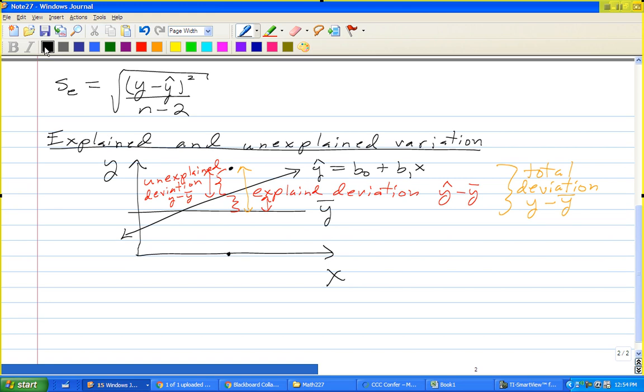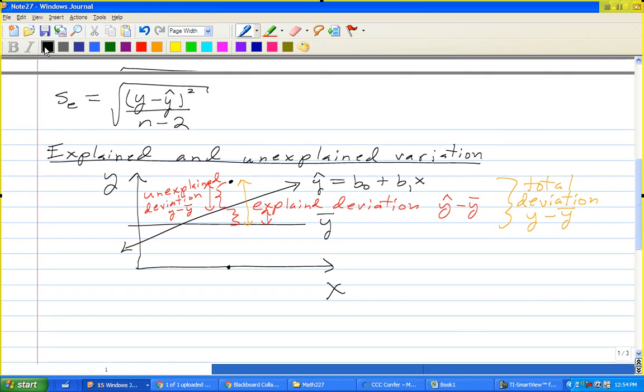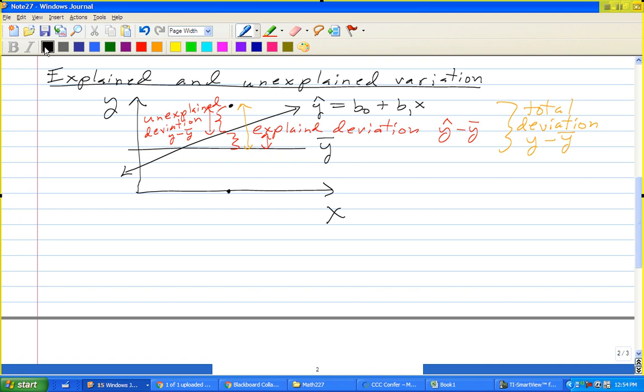Okay, let me scroll. Oops, too far. So, the total deviation, well, let's write this. Y minus the mean is equal to, well, y minus the mean.